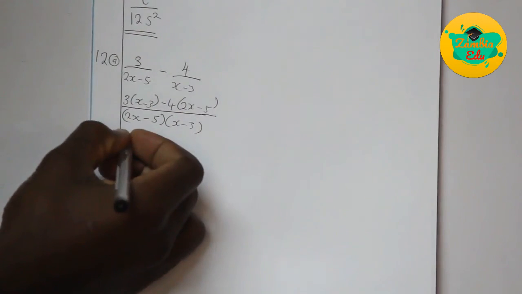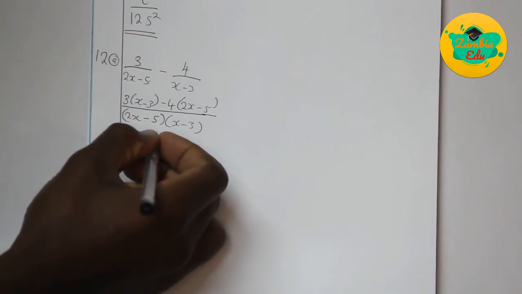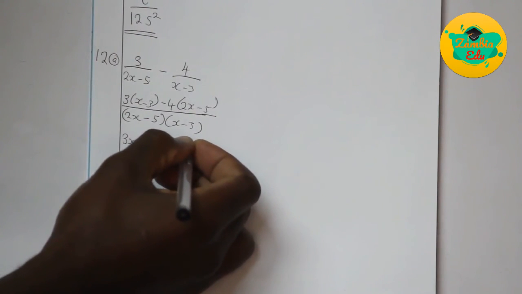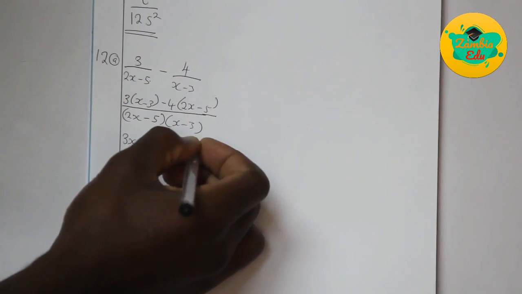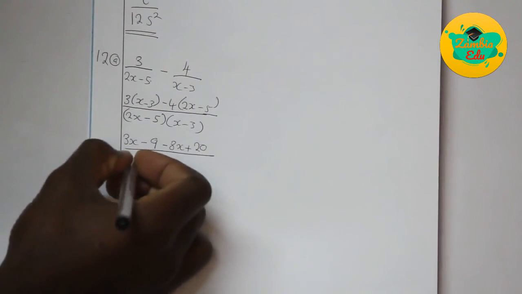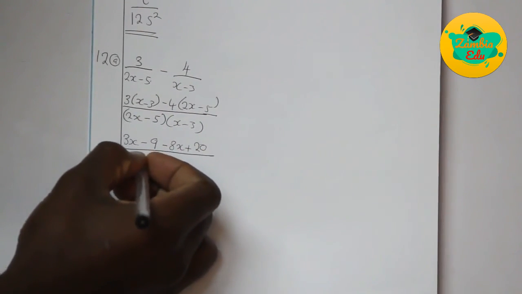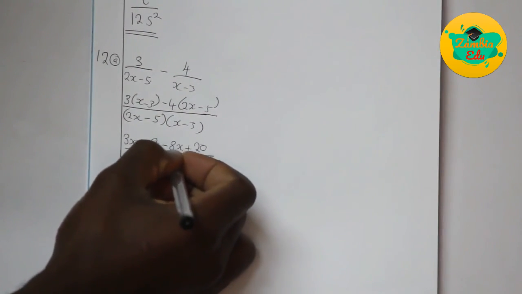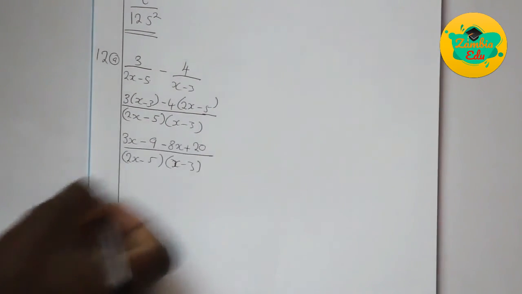Multiply, you get 3x minus 9 minus 8x plus 20 over 2x minus 5, x minus 3.